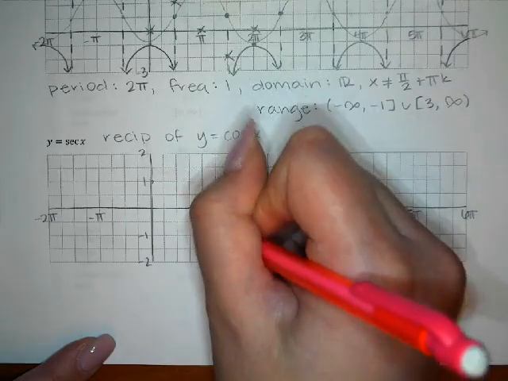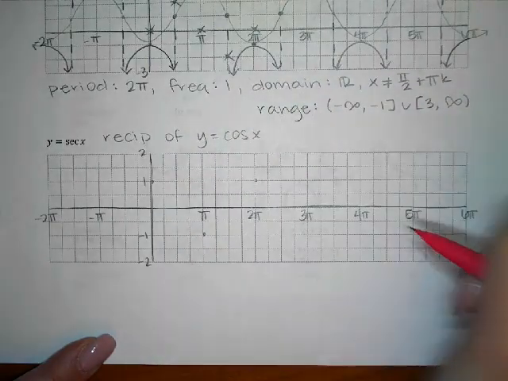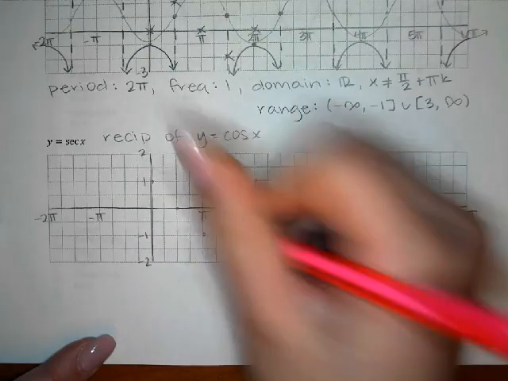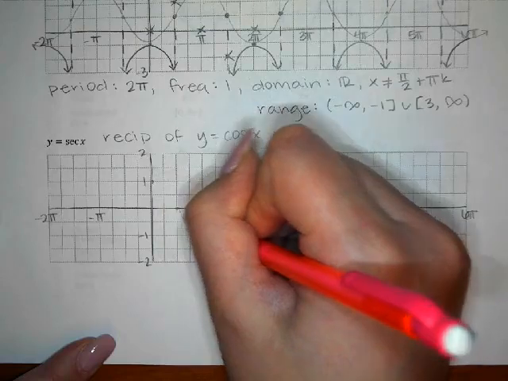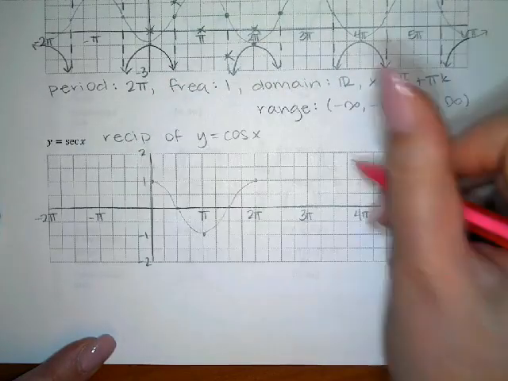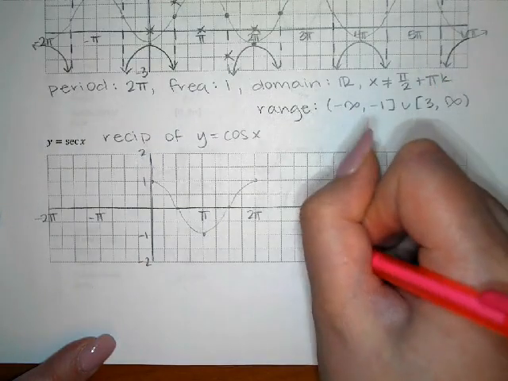Start up at 1, end up at 1, dip to -1 in the middle, cross at 0, cross at 0.